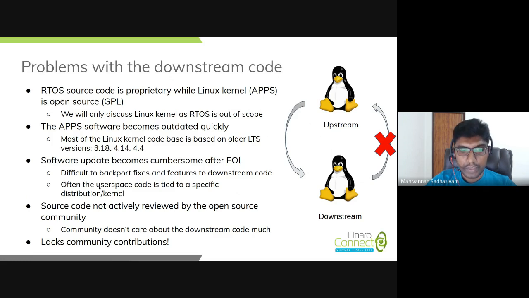And often the user space proprietary code is tied to a specific distribution or kernel, and that makes it impossible to upgrade. The downstream source code is not actively reviewed by the open source community because the community doesn't care about the downstream code much. And due to this, the downstream code lacks community contributions.